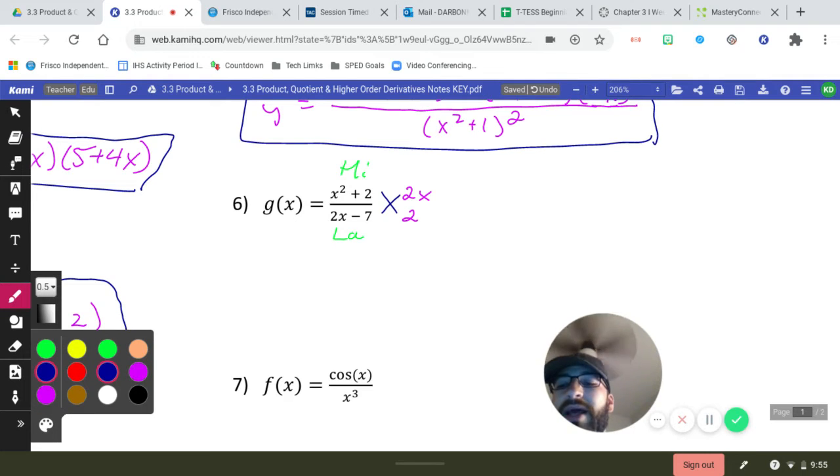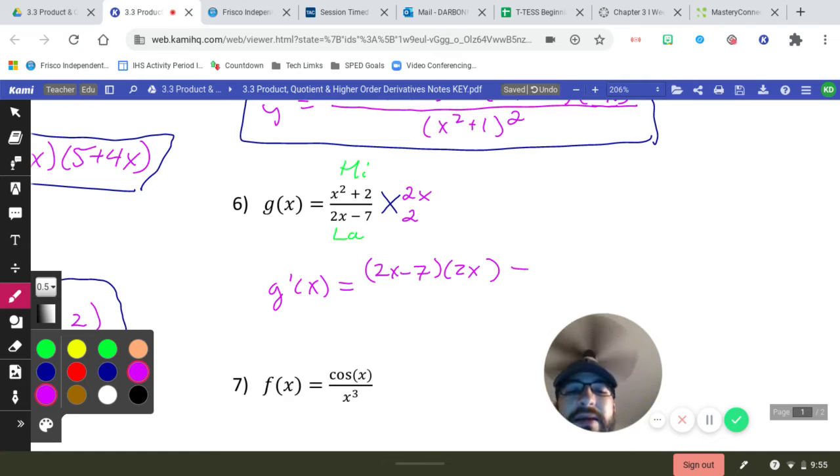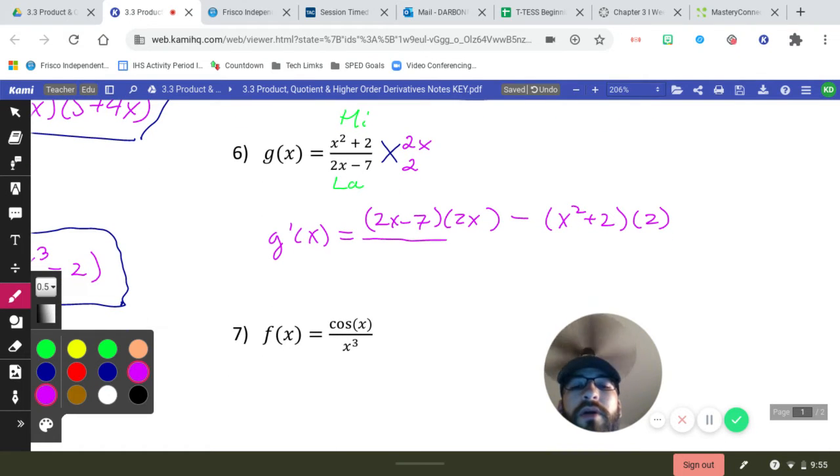Cross multiply. Once again, it's low times derivative of the high. So g prime of x is equal to 2x minus 7 times 2x minus x squared plus 2 times 2 all over 2x minus 7 squared.